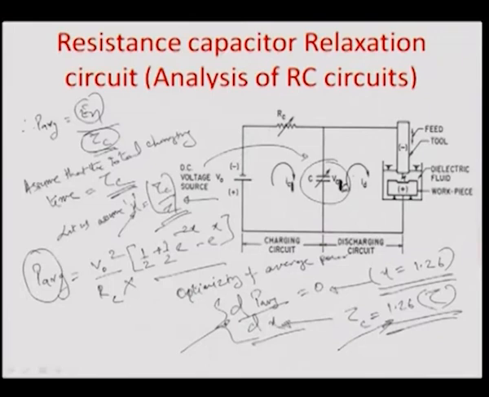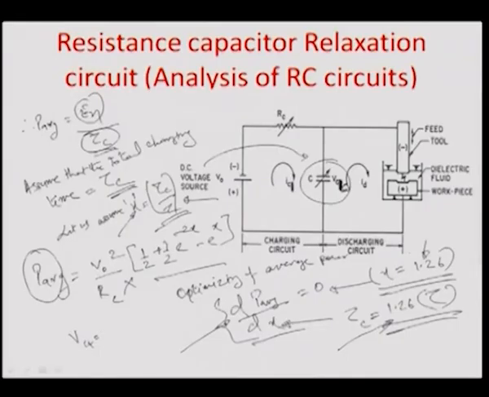So, if we put the value of 1.26, we can find out what really is the VC(t), or what percentage of the voltage rise we need in the capacitor for this optimum best performance at x equal to 1.26.